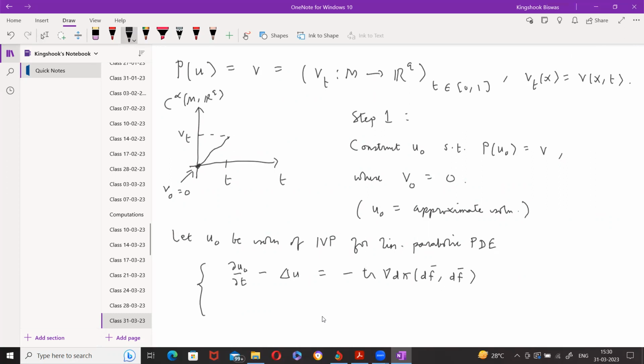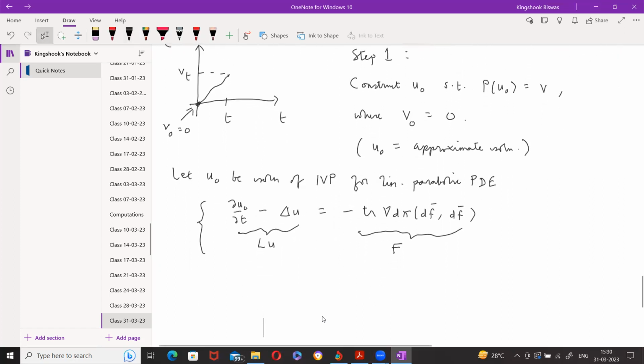So this right hand side is my capital F in the theorem on linear parabolic PDEs. Is that clear? This is my operator LU. It's just the heat operator. So this is a linear parabolic PDE.